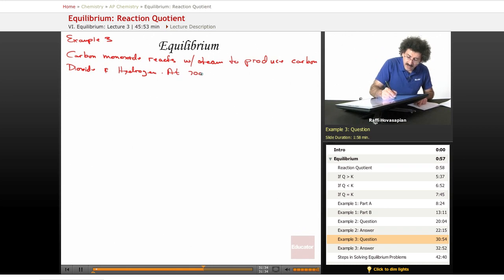At 700 Kelvin, the equilibrium constant is 5.10.